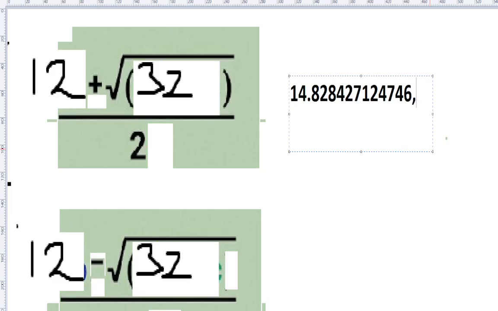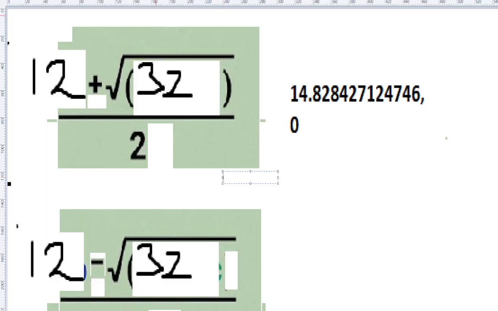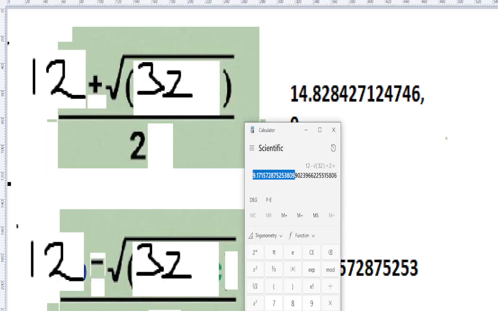This, comma 0, will be one of the points on the graph. And then the other answer is 12 minus the square root of 32 divided by 2. Oh, I got to go back and see if I divided by 2. This is the other answer, but notice it goes on forever. Just going to go back and make sure I divided the first one by 2. Yeah, I did. No, I did it wrong.